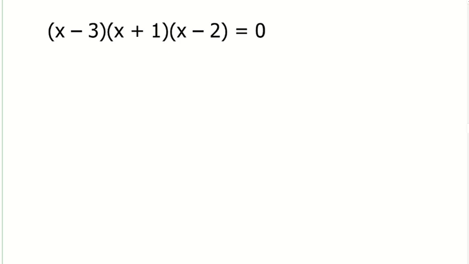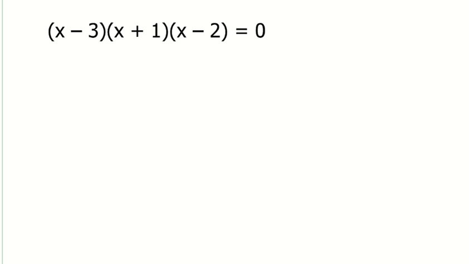Okay, so the first one we've got, very straightforward. x minus 3 times x plus 1 times x minus 2 is equal to 0. Okay, it's already factored for us. How convenient. Well, I know that if things are multiplied together and equaling 0, that's only happening because one of those things is 0.